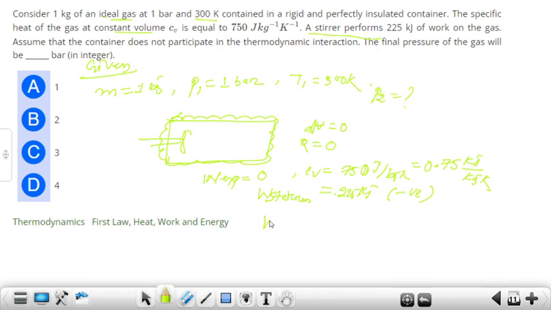Total work done is work done on expansion plus work done on the stirrer. Work done in expansion is 0 and work done on the stirrer is the total work, which is equal to minus 225 kilojoule.